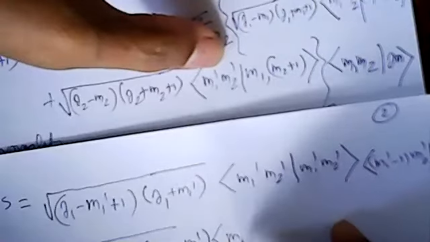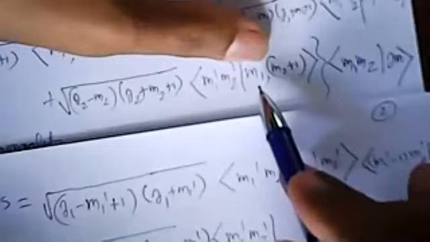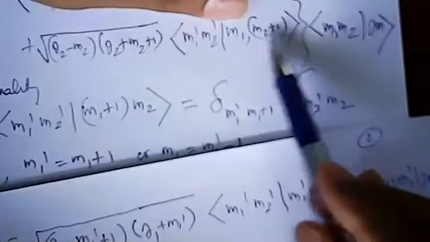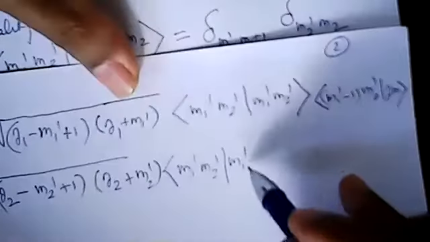Then here it is m1 dash, m2 dash. Now what is m1? m1 is m1 dash. What is m2 plus 1? m2 plus 1 is m2 dash.